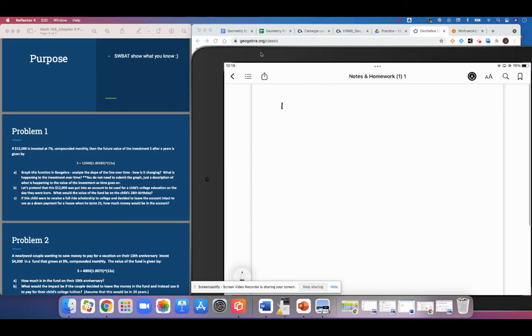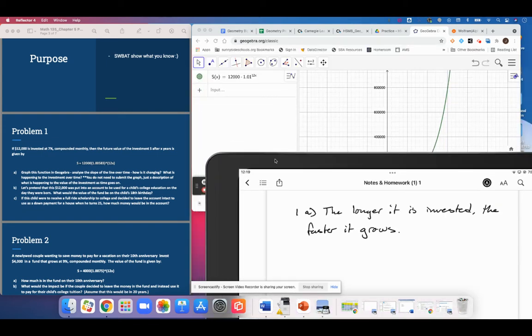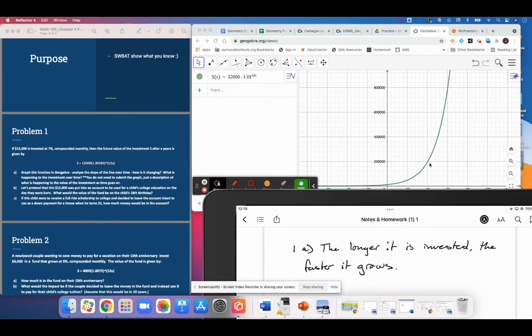So for number 1, part A, the longer it is invested, the faster it grows. And so, pretty simply there, everyone, if we want money to grow, we feed it time, and it grows extremely fast.